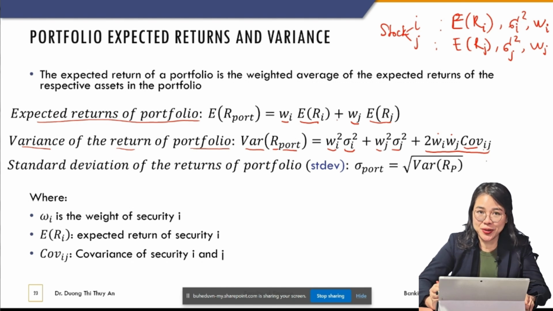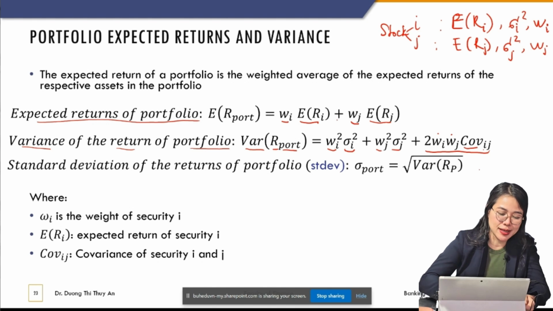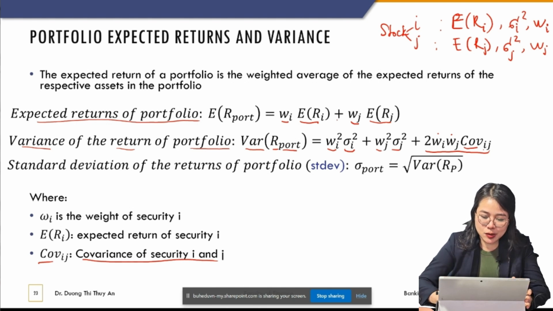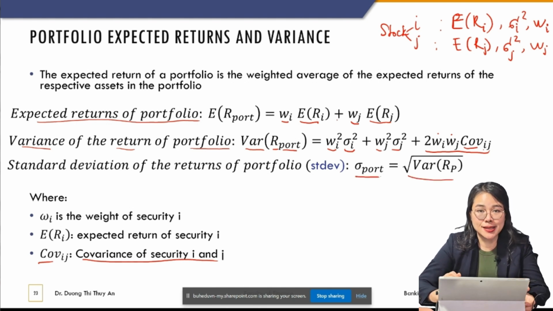Here we have the new factor, covariance, hệ phương sai. Đây các bạn, covariance. And when we have the variance, we take the square root to get the standard deviation.